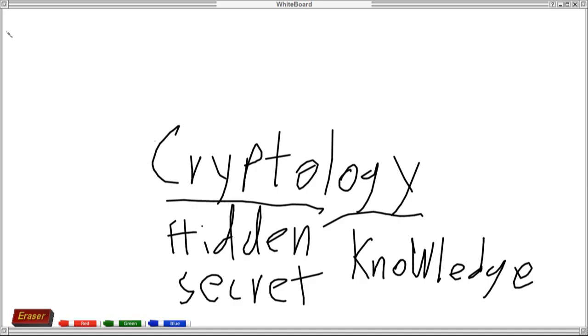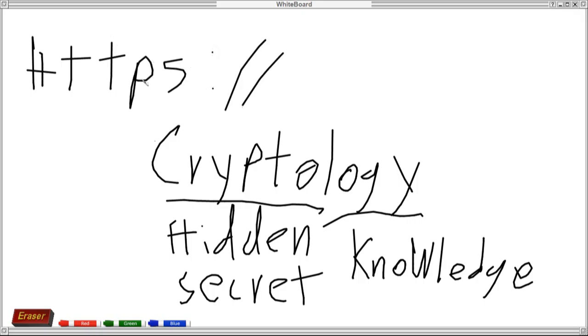Have you ever gone to a website that, I'm sure you've probably seen this, HTTPS? This S means it's a protected site, and it usually has encryptions. Or if you see SSL encryption, there's a bunch of them.